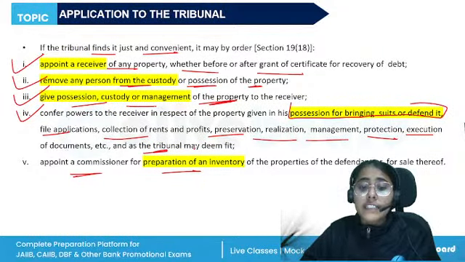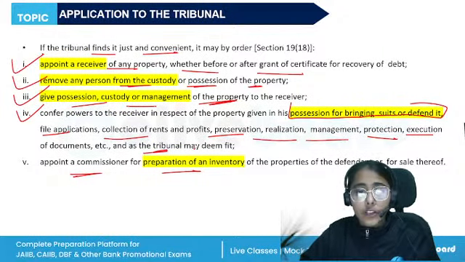So the defendant does have the right of pleading a set off, but after all of that, the next step will be the order which is given by the tribunal. They have the power to pass the interim orders, the attachment orders, and so on. We have already discussed these in the previous chapters.